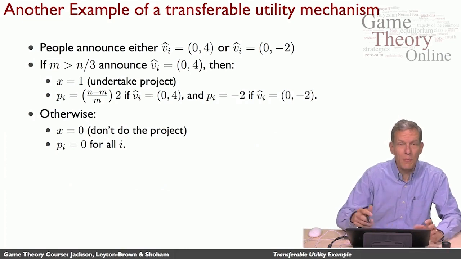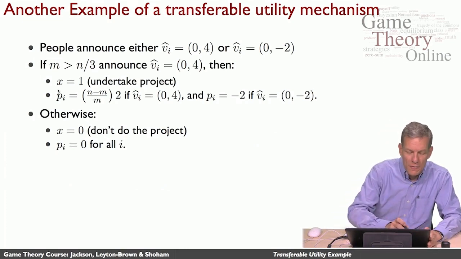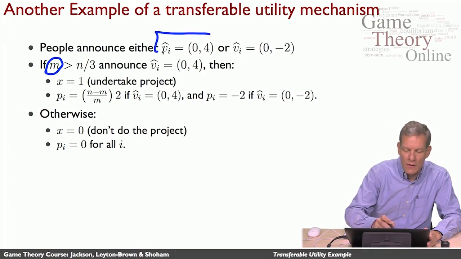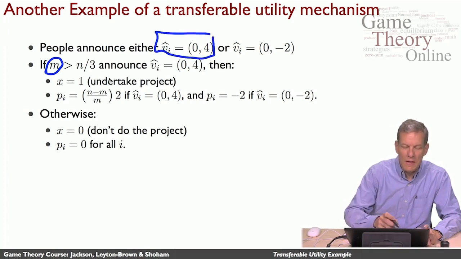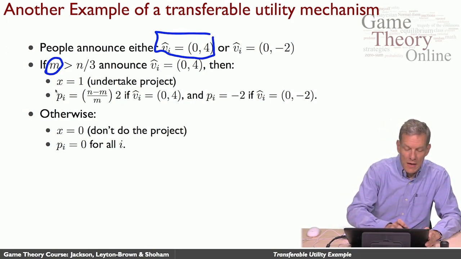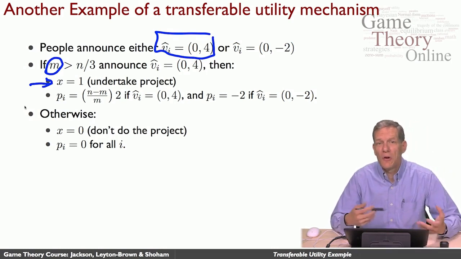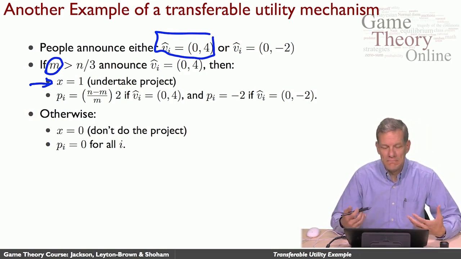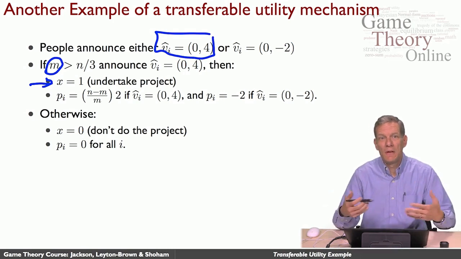So now, again, people announce their types. Let M be the number of people who have voted for it, the 0-4 types. If that's bigger than a third of the population, then we go ahead and undertake the project. But now we're also going to compensate the people who don't like it, because there's a bunch of people suffering for it.